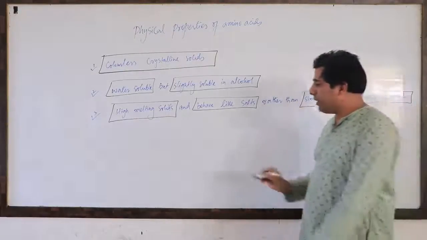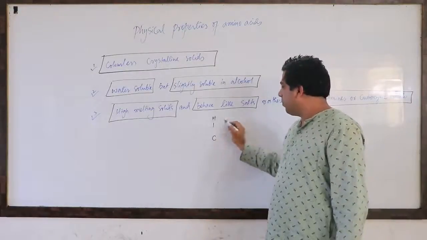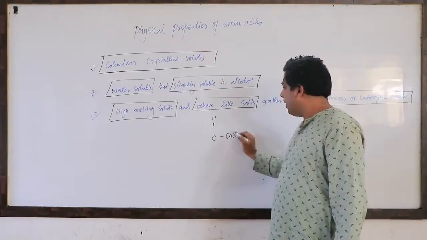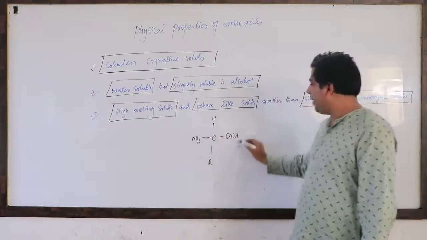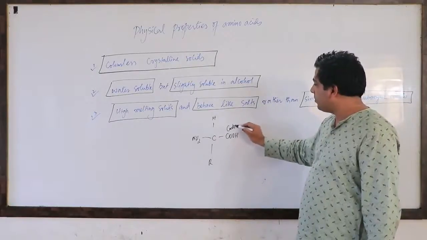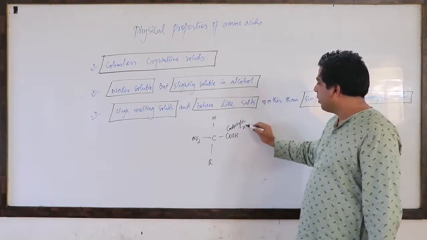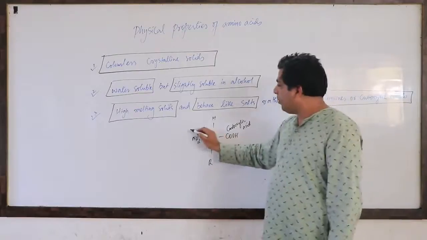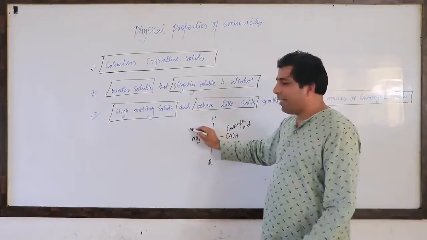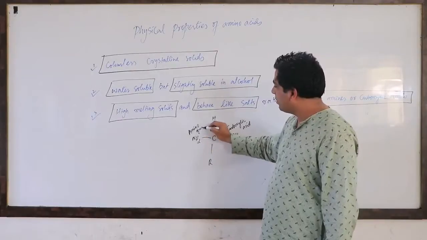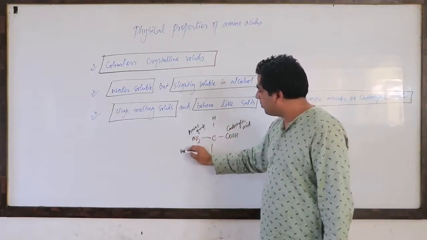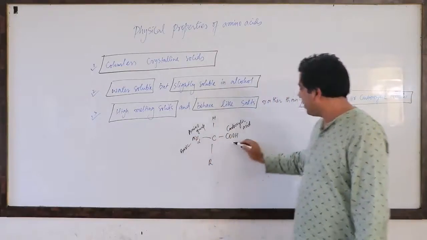Because if you take an amino acid, you will find that it should either behave like a carboxylic acid or behave like an amine, because this is the amino group, which is a basic group, and this is the acidic group.